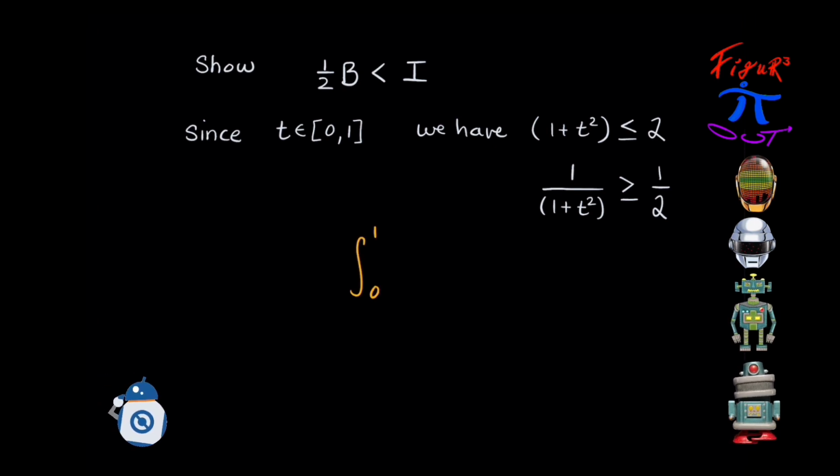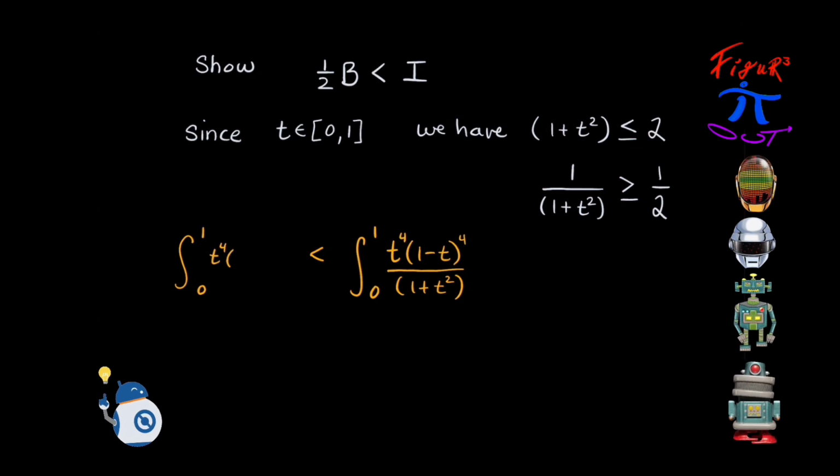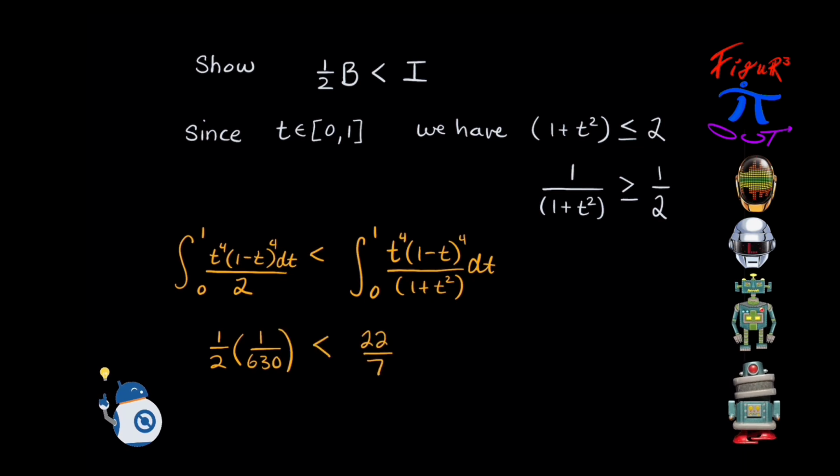So now, using that in our integrand, we can set up the inequality that our integral I here is greater than the integral from 0 to 1 of t to the 4th, 1 minus t raised to the 4th, all over 2 dt. And the integral to the left is just 1/2 of the integral that we evaluated earlier.